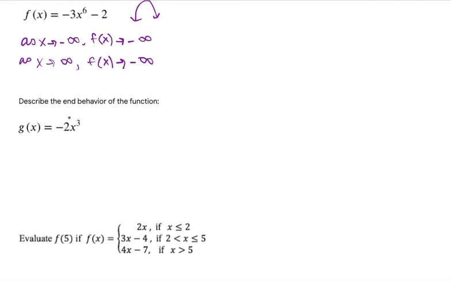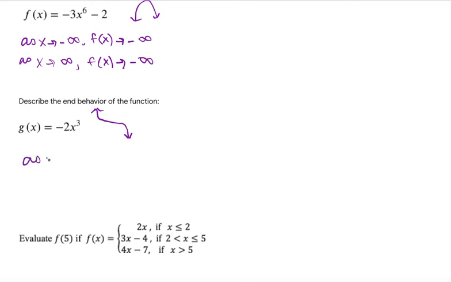And then we'll look at the third one on here, which is really similar. You have an odd exponent though, and in this case a negative coefficient. So that's going to look kind of like this. All right, but it gives you an idea. If it was positive, it would be going the other way. So odd exponents, they're going different directions. It just matters if it's positive or negative for the coefficient.